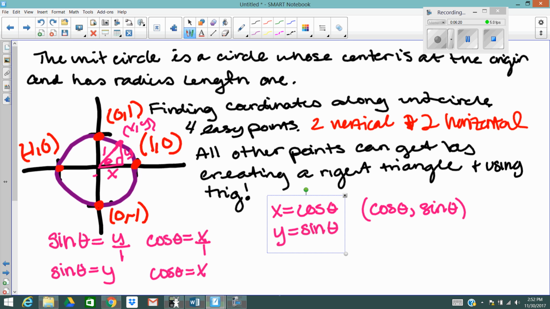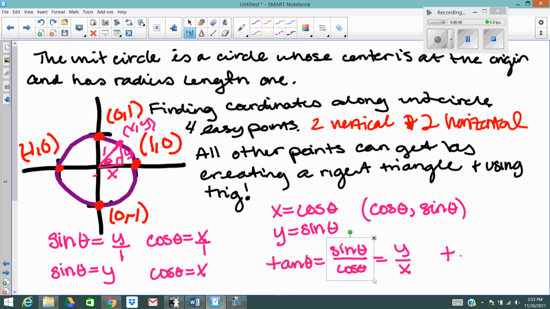Tangent, on the other hand, as we talked about yesterday, is just sine over cosine. So in this case, it is y over x. So if I ever want to find tangent of theta, I know it's going to be my y coordinate divided by my x coordinate.